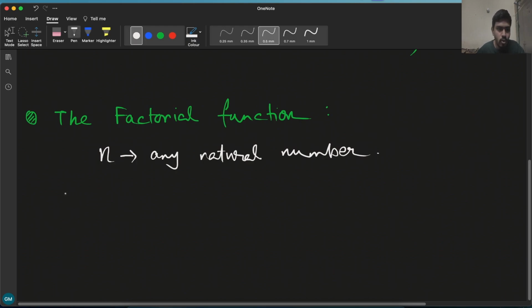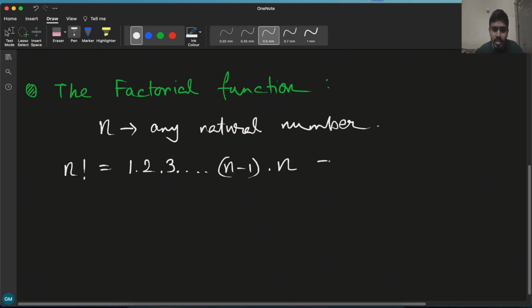So we know that n factorial is defined like 1 times 2 times 3 times dot dot dot times n minus 1 times n. Okay, so this is how n factorial is defined, and it can also be written as n times n minus 1 factorial.